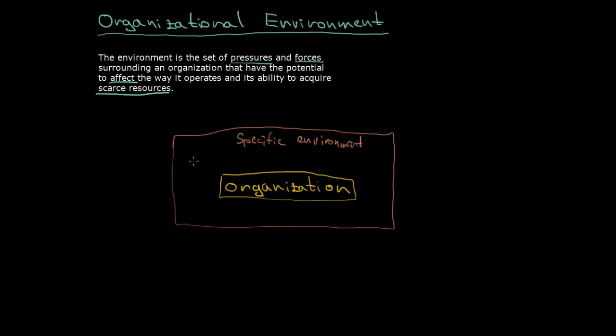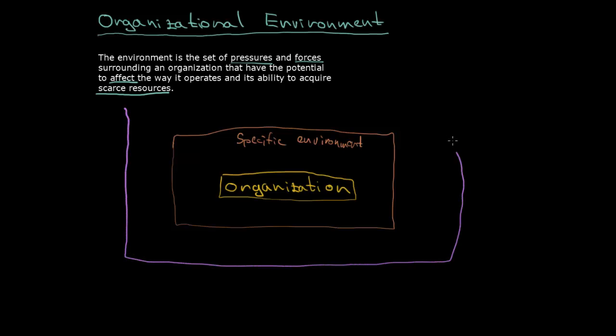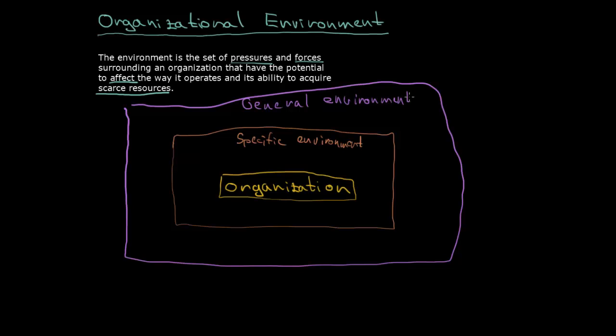So not directly you, but the environment that is around you. There is going to be some broader context, and this one is called the general environment. I maybe didn't draw it the best way, so sorry.